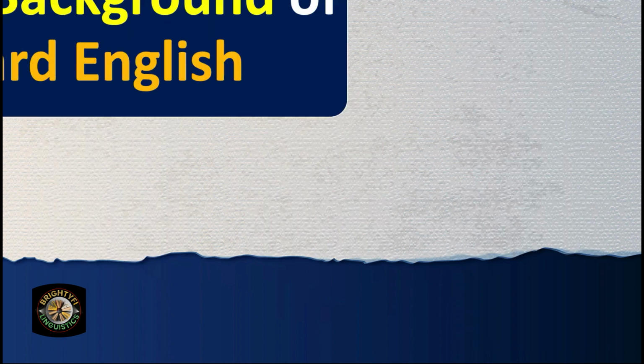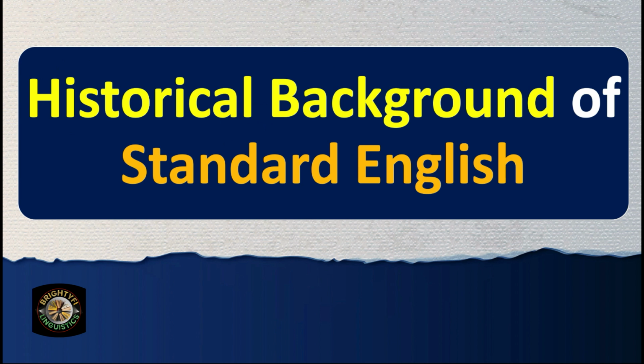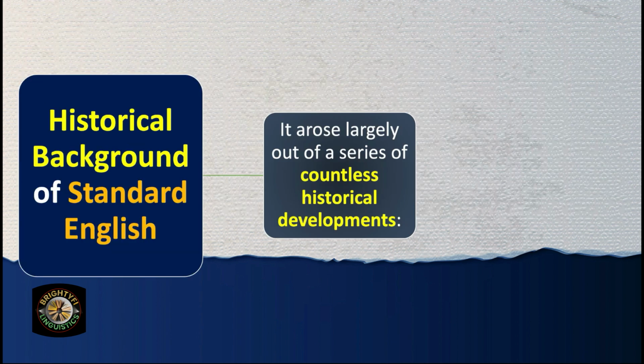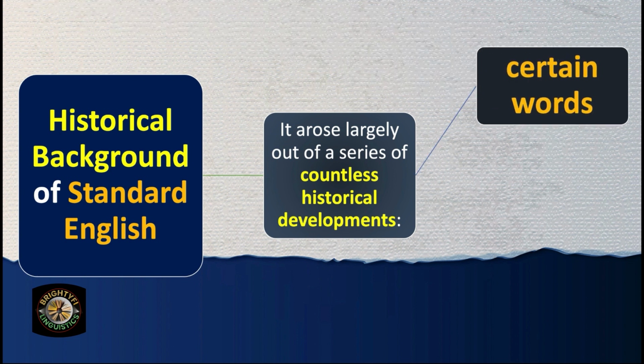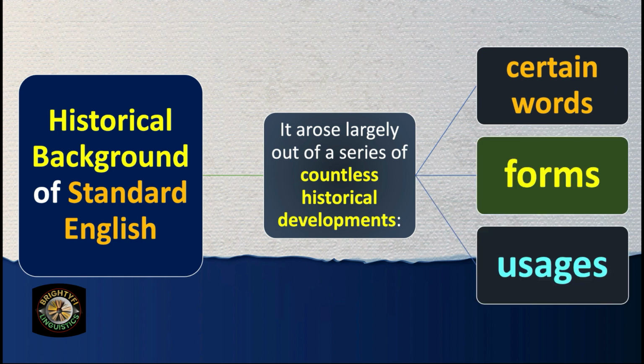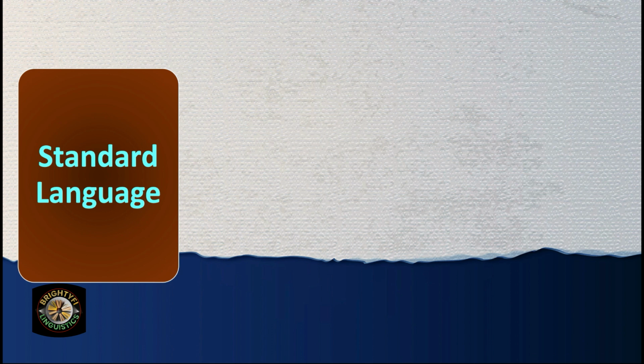We continue our discussion, that is to say, the historical background of standard English. It arose largely out of a series of countless historical developments, such as certain words, forms of language, and usages of language happening to be accepted by educated people in positions of prestige and respect in society.